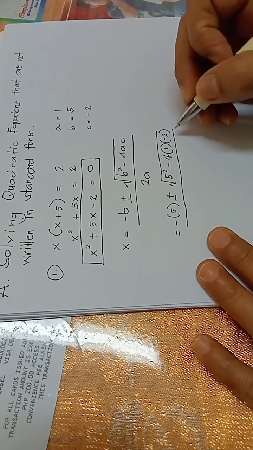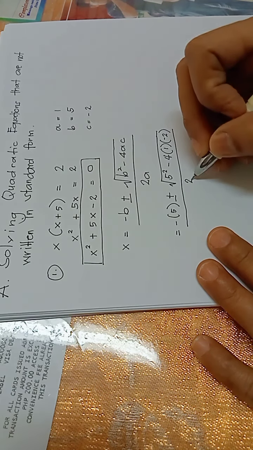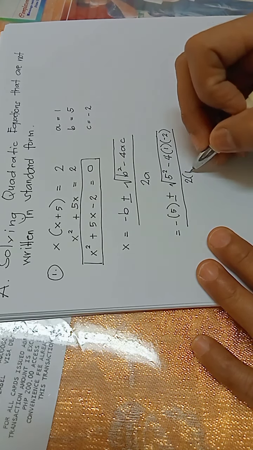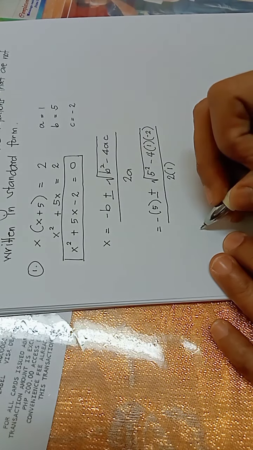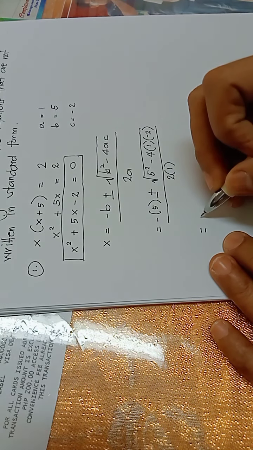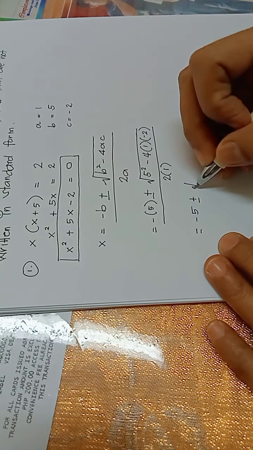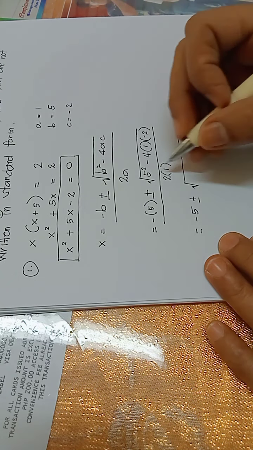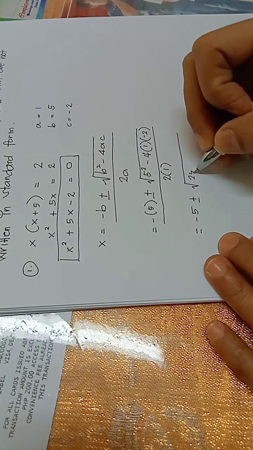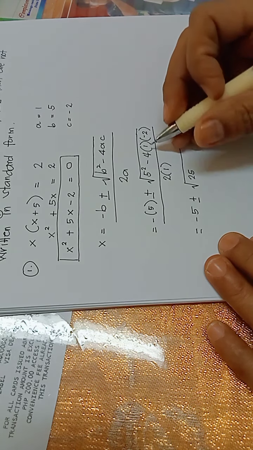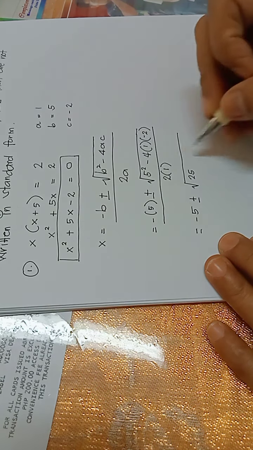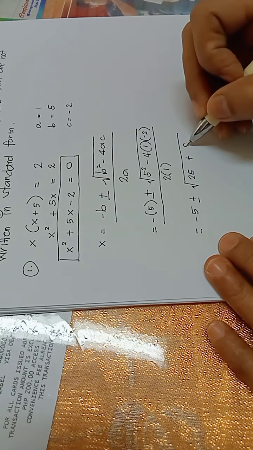Bring down the fraction bar, bring down 2, and then substitute the value of a, which is 1. To simplify, negative times 5 is negative 5, plus and minus. Bring down the square root symbol, 5 times 5 is 25. Negative 4 times 1 is negative 4 times negative 2 is positive 8.